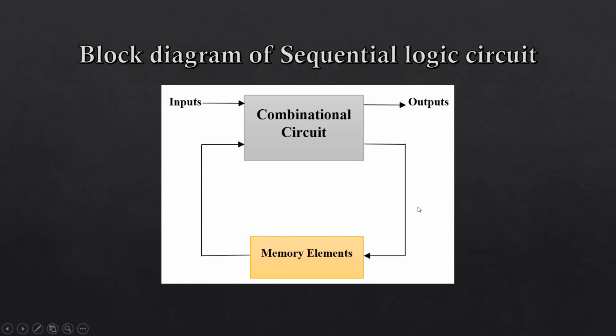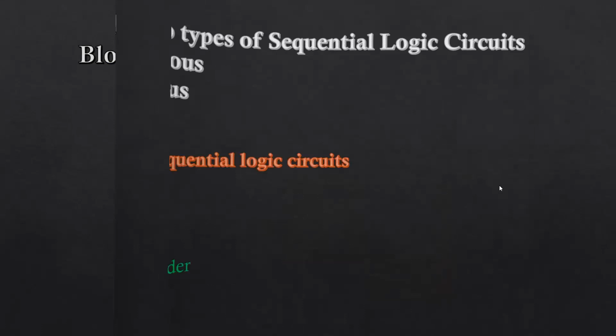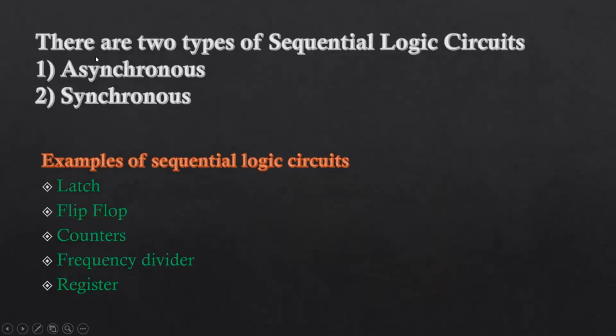It will be used as the next input. There are two types of sequential logic circuits, and they are asynchronous and synchronous. Examples of sequential logic circuits: latch, flip-flop, counters, frequency divider, and register.